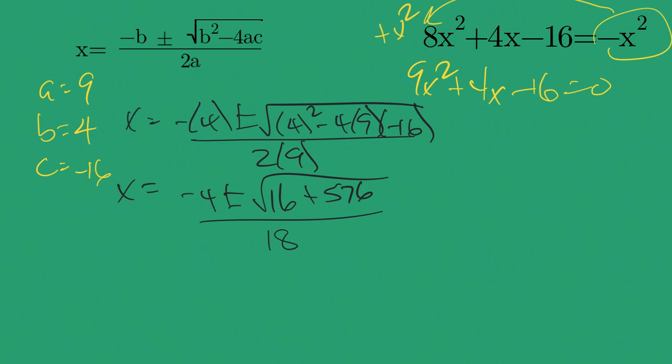Okay? Negative 4 plus or minus 16 and 576 should be, yep, 592. That's a brutal 9, isn't it? 592.